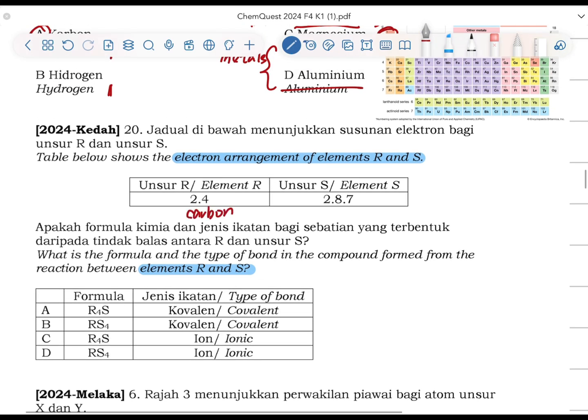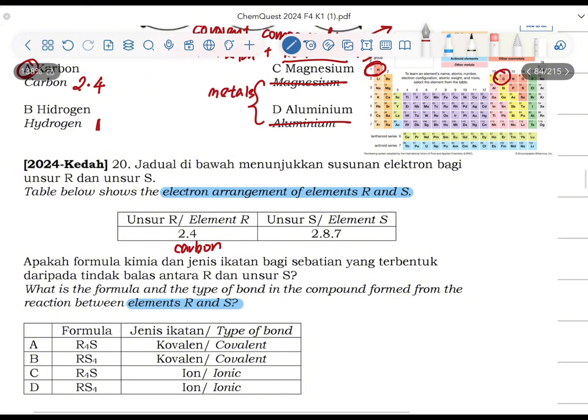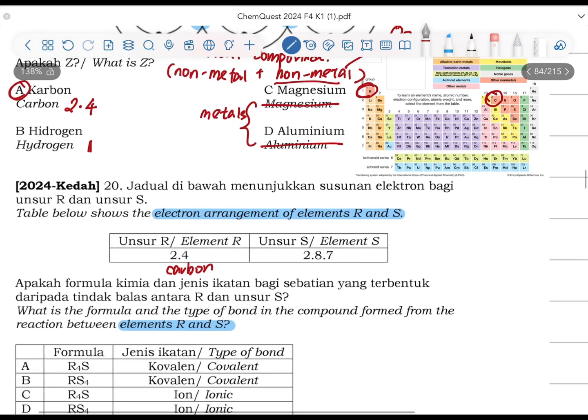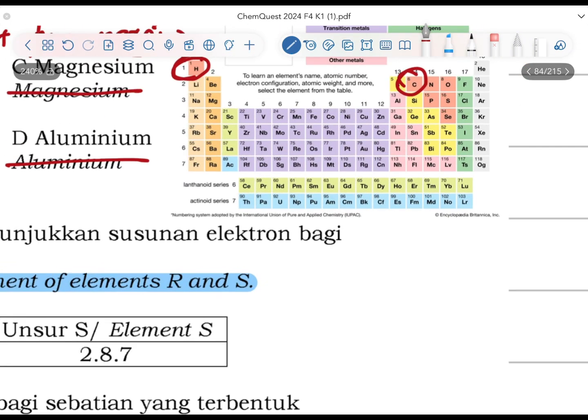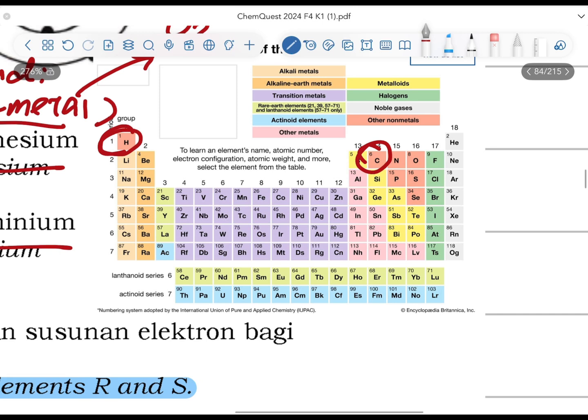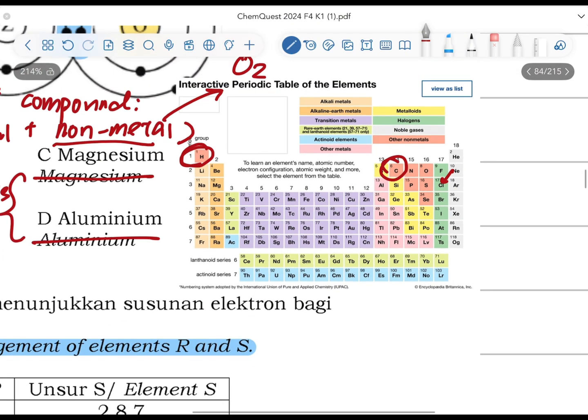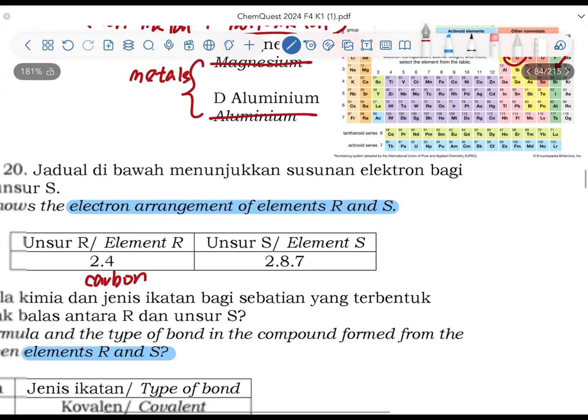Based on the periodic table, 2.4 shows that it is carbon, and 2.8.7 is actually referring to chlorine because it has a total of 17 electrons.